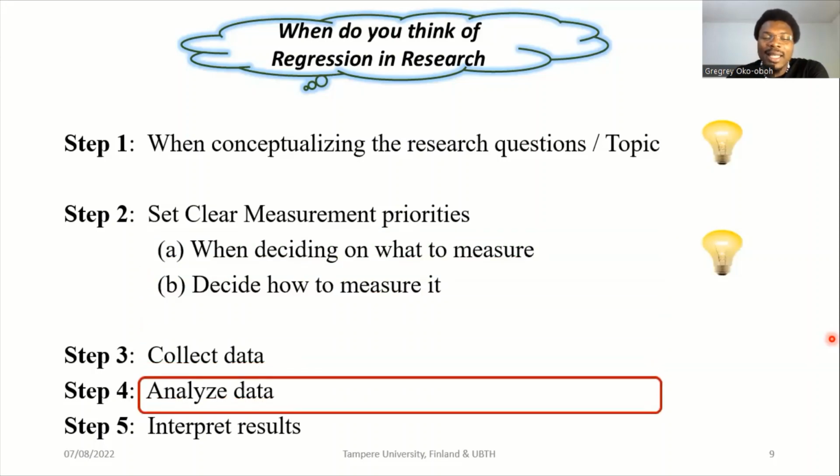And lastly, at the analysis stage, as we've already stated earlier, at the multivariate analysis level, regression model, if needed, is done. So these are the different points where we need to think deep about regression in the course of our research.